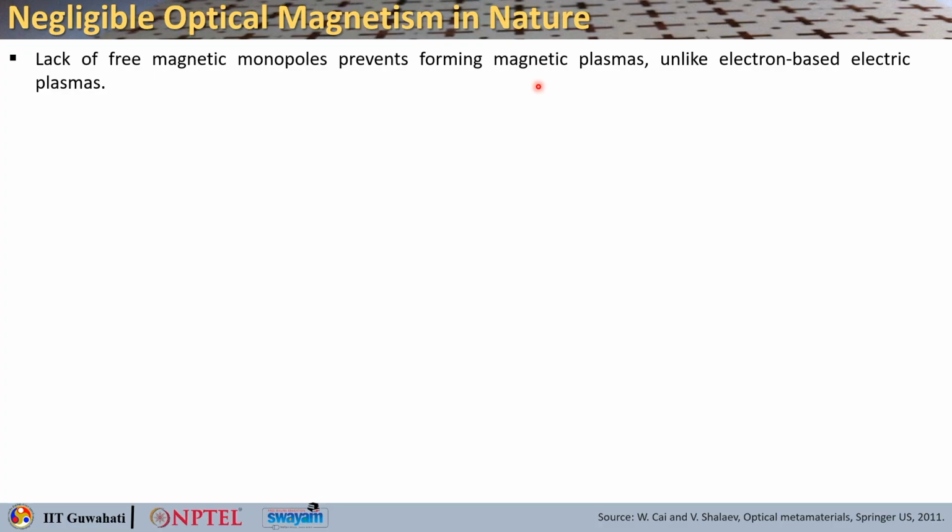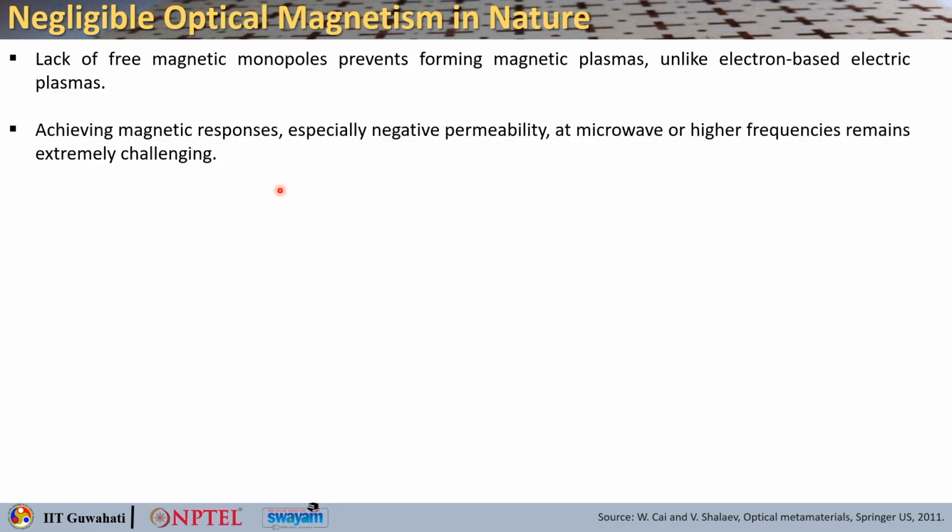Moreover, there are no free magnetic monopoles, and thus it is not feasible to obtain a magnetic plasma as we can obtain for electrons. So, it is indeed a challenging issue to achieve any magnetic response in the microwave or higher frequencies, let alone extreme values like negative permeability.